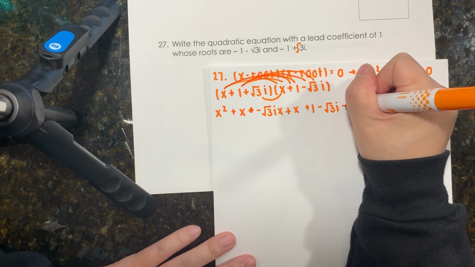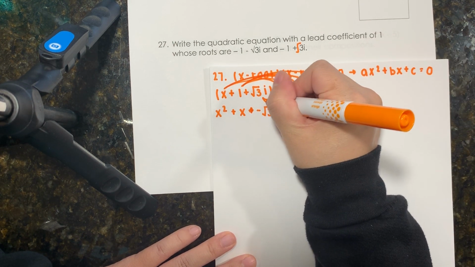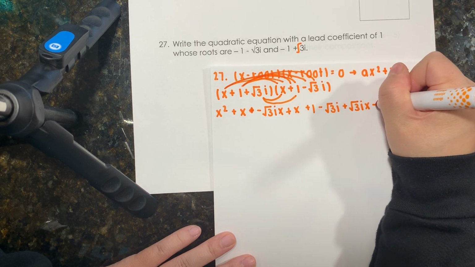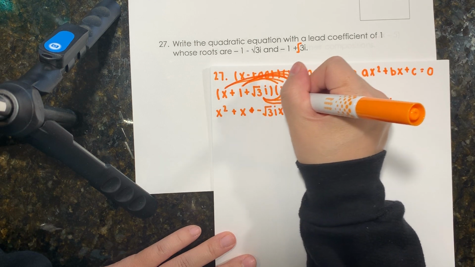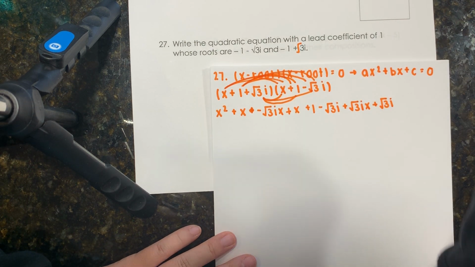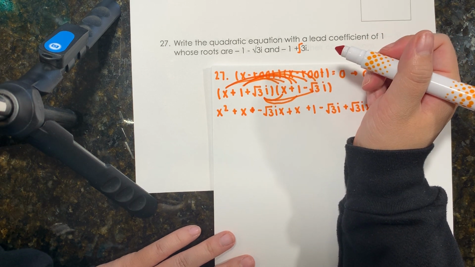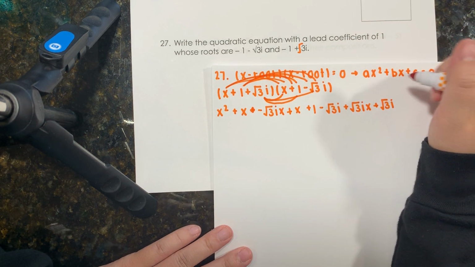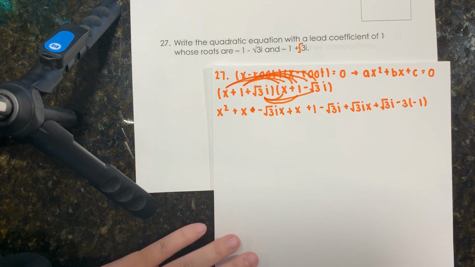Root 3i times x would be root 3i x. Root 3i times 1 would be root 3i. And then root 3i times negative root 3i. Well, root 3 times negative root 3 would be negative 3. But i times i would be negative 1. So it would be negative 3 times negative 1.